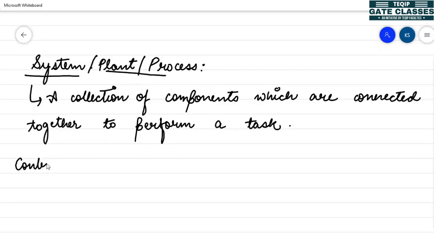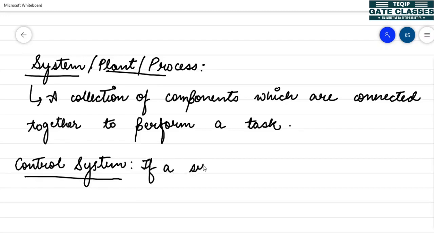And the difference between the control system and a system is, if the system is able to give the desired response always, then we will say it is a control system.